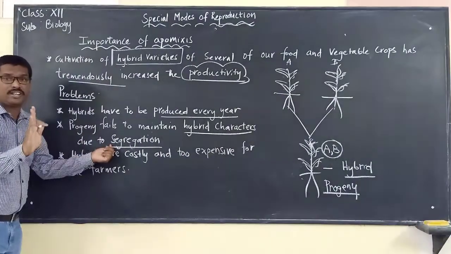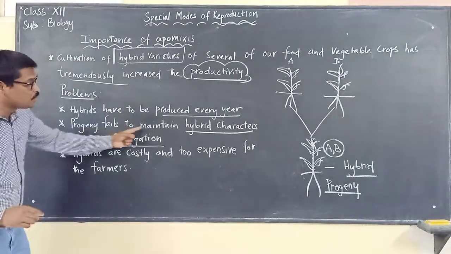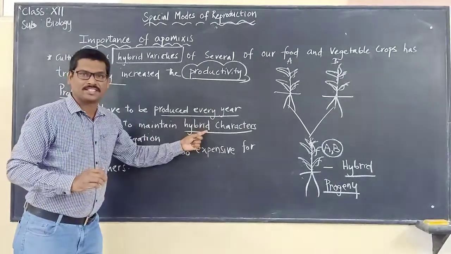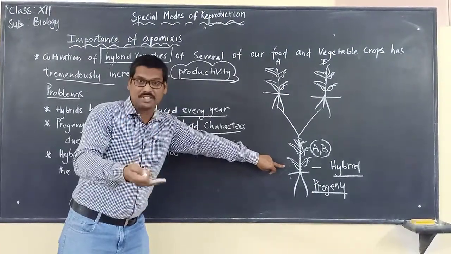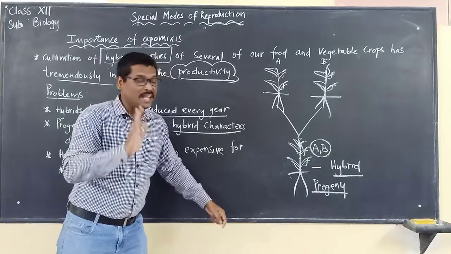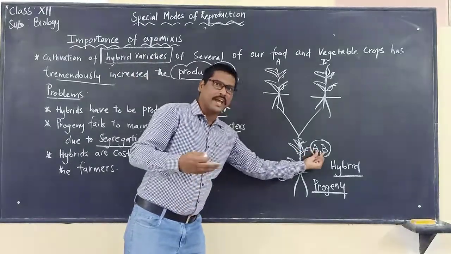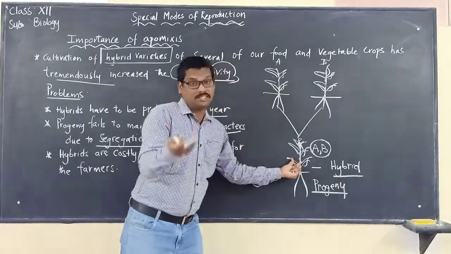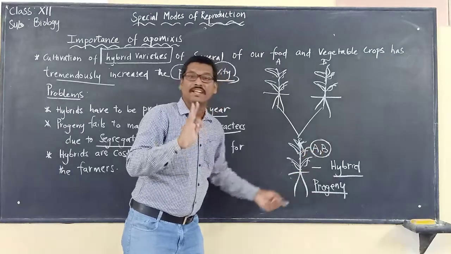Very important point, and this concept is very important here. Progeny fails to maintain hybrid characteristics. Progeny means this one. When it is ready to produce seeds, it will not maintain the same characteristics. There is no chance of having the same characteristics when it bears the seeds or fruits containing the seeds. Those seeds will not have the same characteristics.